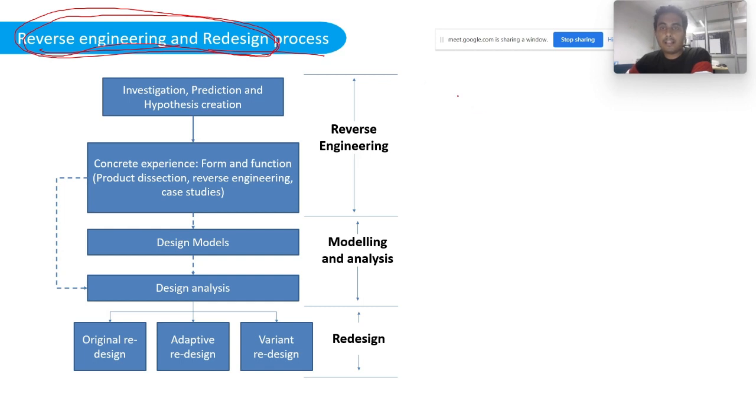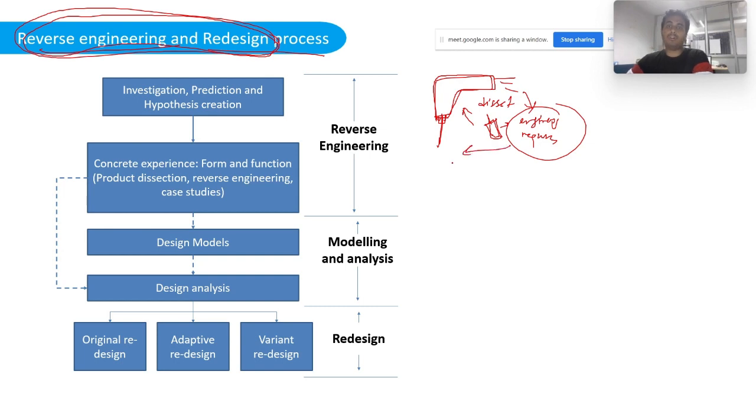For example, if you want to make a hair dryer and you are not from a technical background, you do not have the technical knowledge of what components go inside a hair dryer, so you dissect it and look for various components and various engineering requirements that need to be part of the hair dryer. You understand those and then you go for redesign.